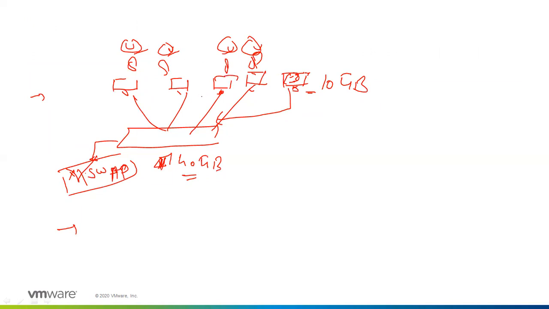Underneath, they will use swap, compression, and transparent page sharing. But as a last point, if memory is not available anywhere, what will happen? During the boot process, if the last resort has that memory available, fine; if not, it will not power on.